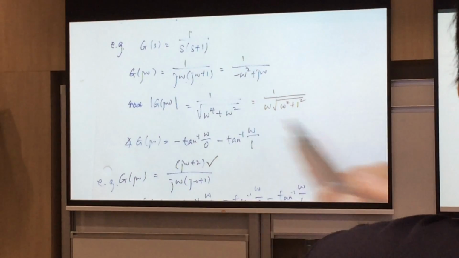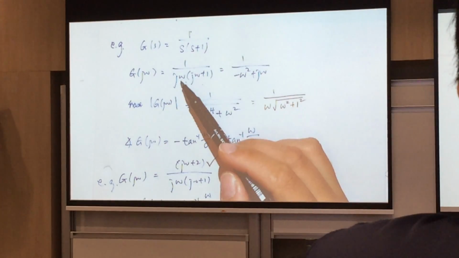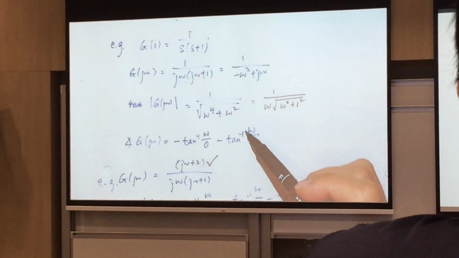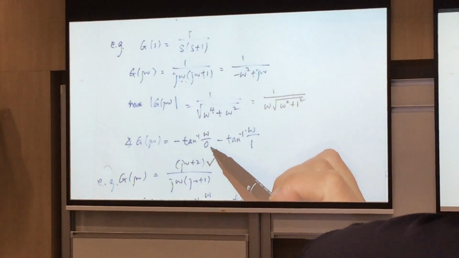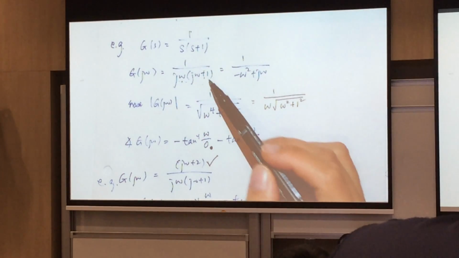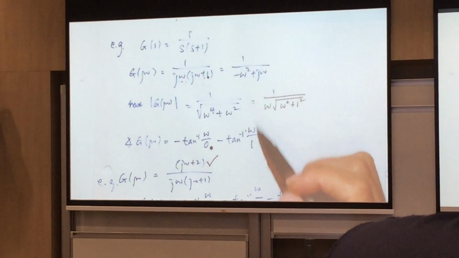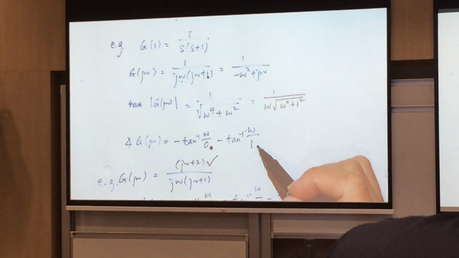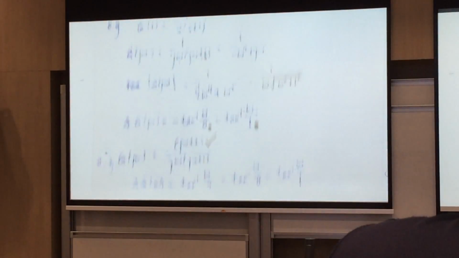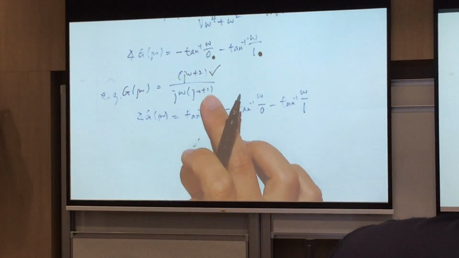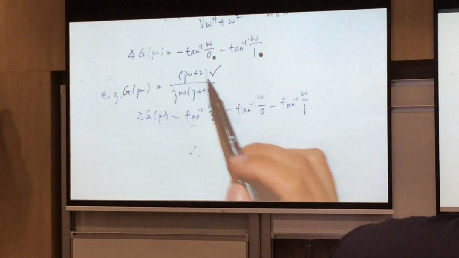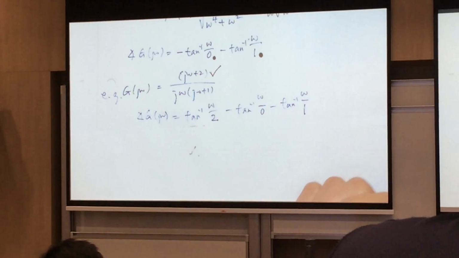And what's the phase? The phase you can just derive from the individual poles. For the integrator it is negative tangent inverse, which becomes minus 90. For the simple pole, negative tangent inverse of omega over 1. What happens if we go one step further, if you have a zero and two poles?